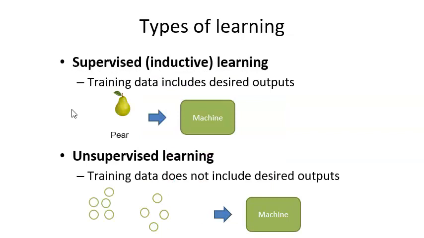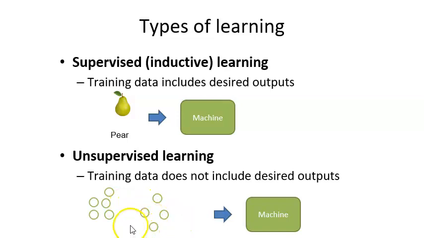There are 2 types of machine learning. In supervised learning, the training data include the desired output. We provide the data and tell the machine this is a pear. So the machine learns from a large amount of data how to distinguish pears. In unsupervised learning, training data does not include desired outputs.